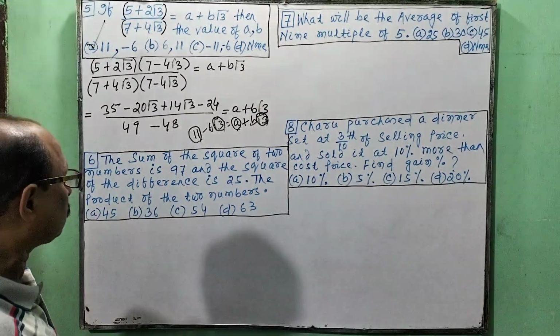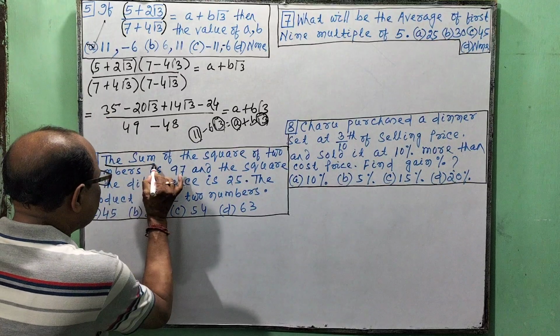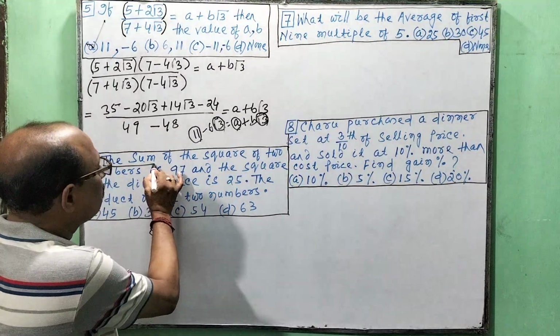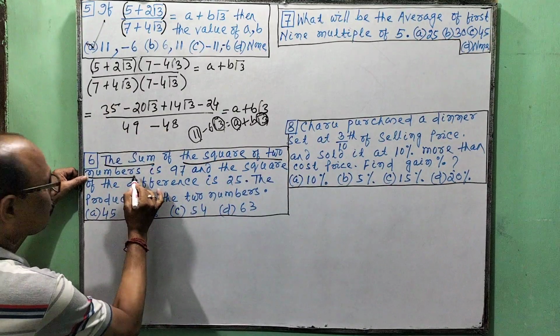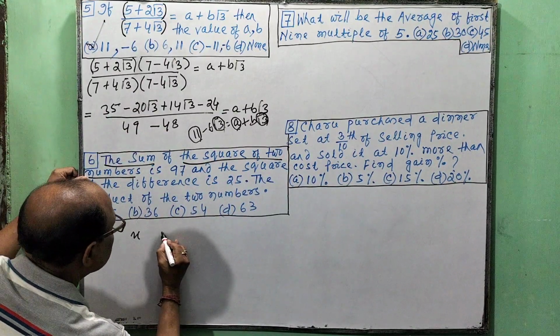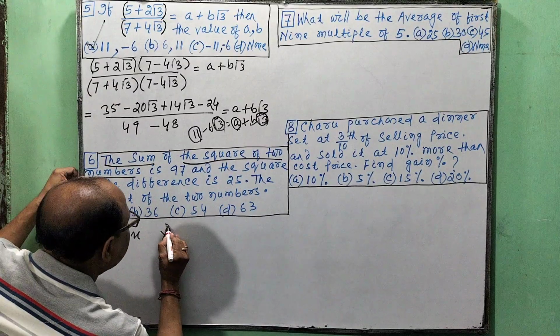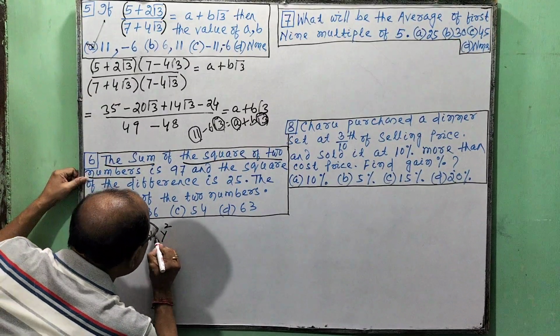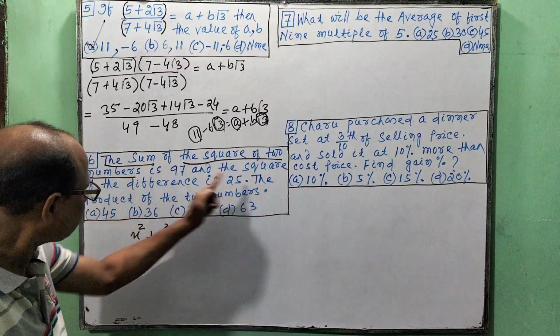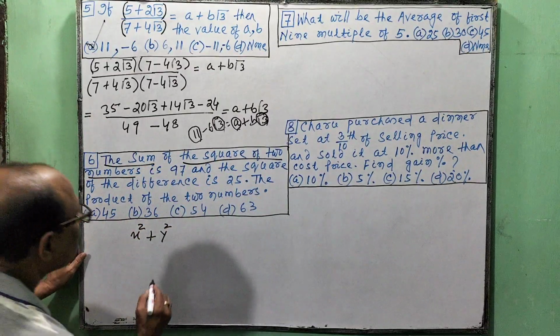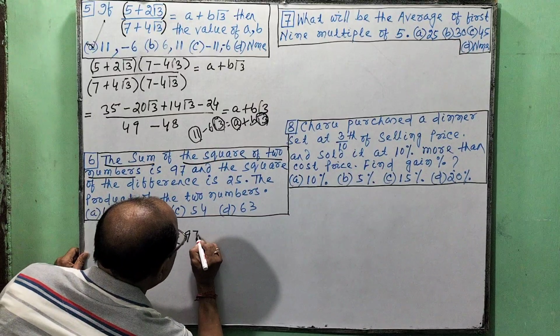What did the question say? The sum of the squares of two numbers is 97.